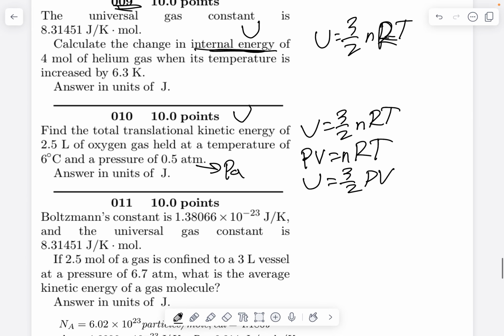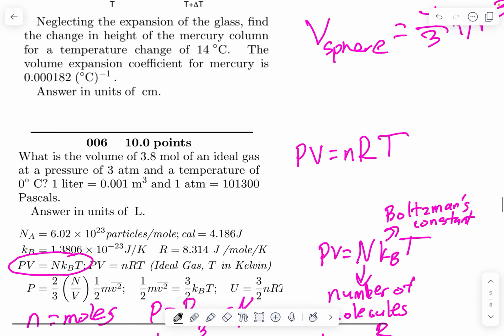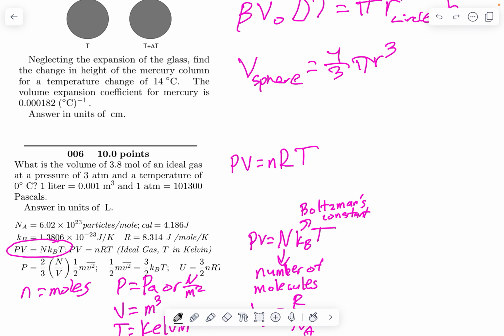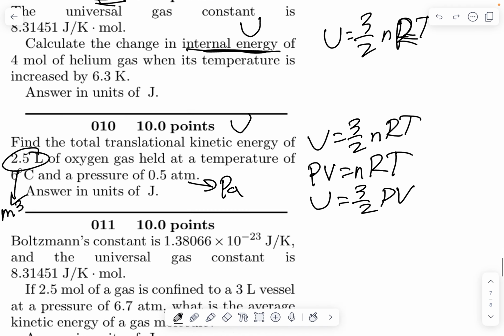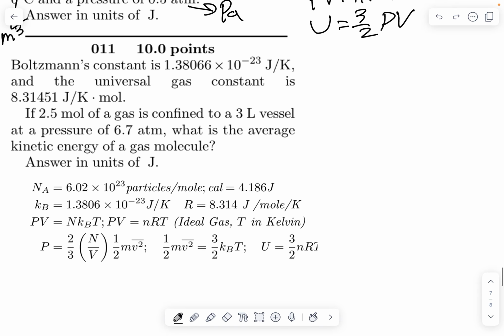We want our liters to be in cubic meters, so you convert to cubic meters. The conversions are on your formula chart, they're also in the previous question, they're right here. So make sure you convert to cubic meters and pascals. And you'll be given the conversions, so you don't have to memorize them.